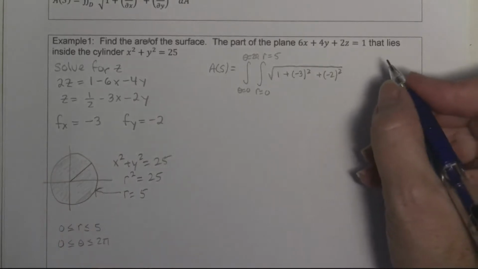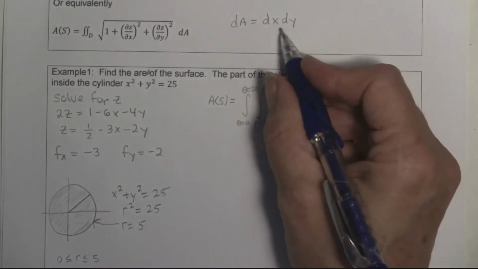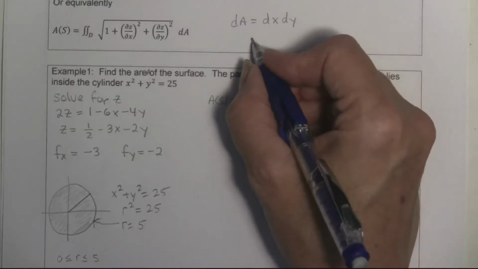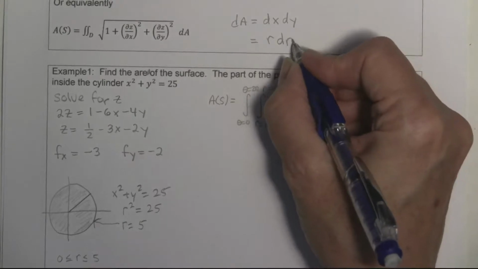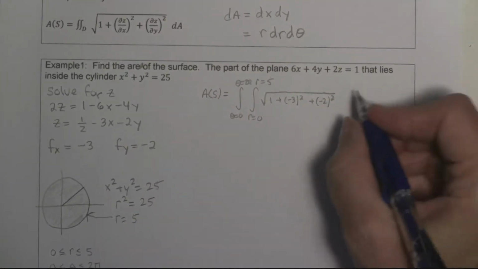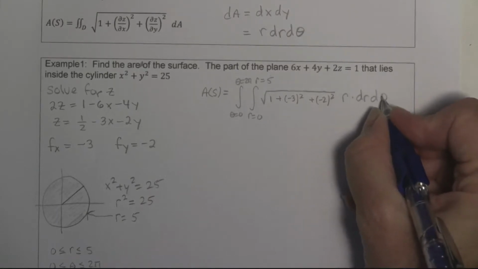And then remember, when you change dx dy, or dy dx, either one, into r and theta, it's r dr d theta, right? So this is going to be r dr d theta.